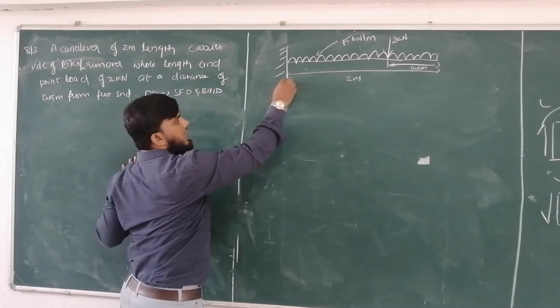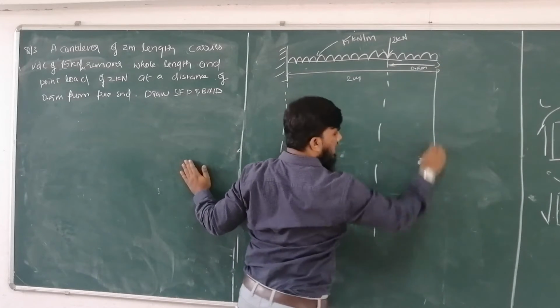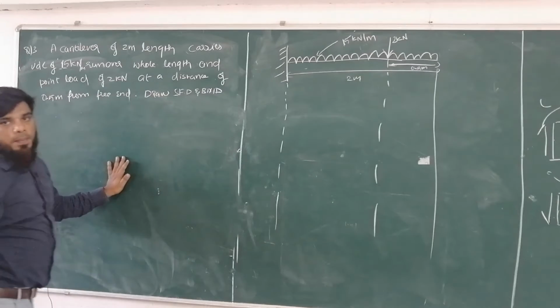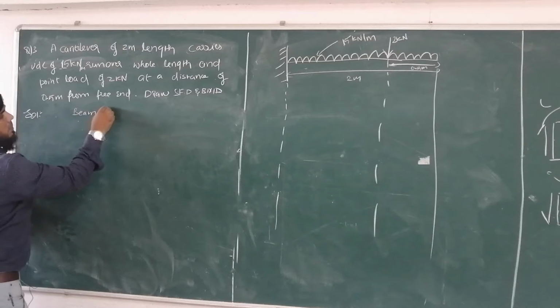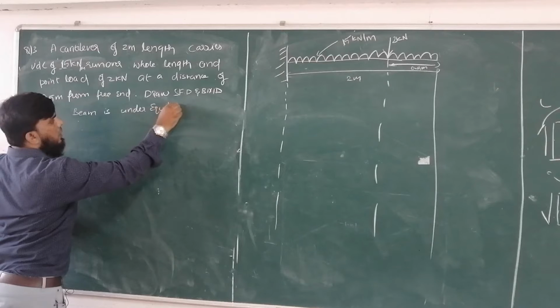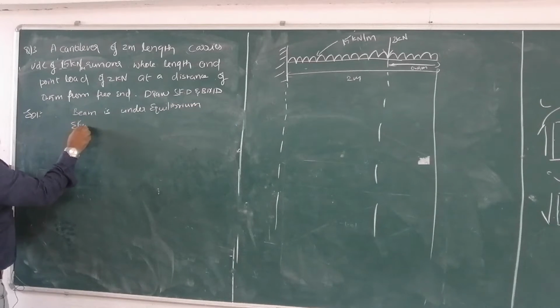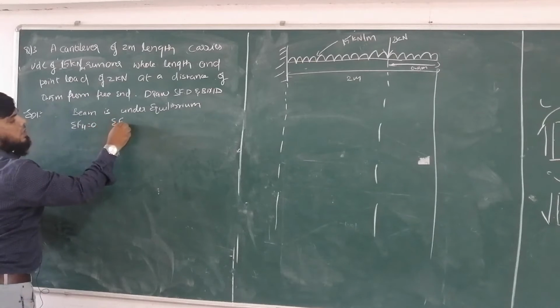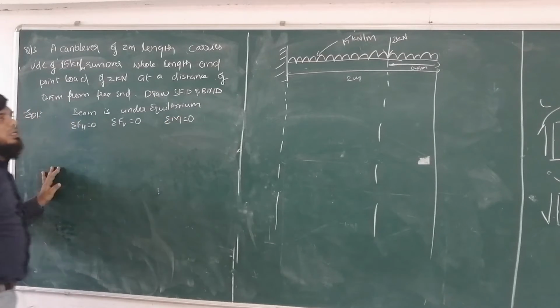For drawing the shear force diagram, let us extend these lines, at the points where the loads are applied. How to solve this type of problem: whenever you see a cantilever beam or any beam, first write that the beam is under equilibrium. The equilibrium conditions are: summation of horizontal force is equal to 0, summation of vertical force is equal to 0, and summation of moment is equal to 0.